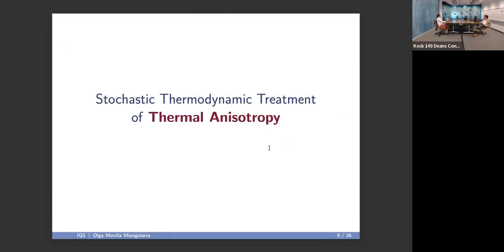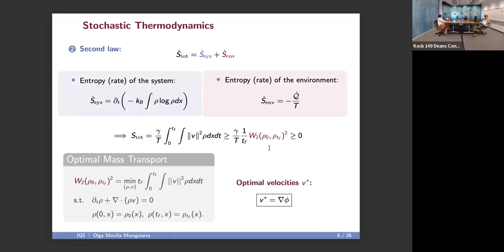Just one thing, in the previous expression, it's interesting to notice that it's 1 over Tf for the lower bound. So infinite time gives you a quasi-static transition, so you don't produce any entropy. But you see also inside the definition of this Wasserstein distance, there's a Tf in front as well, right? Yeah, so this essentially accounts for the scaling because optimal mass transport really studies going from 0 to 1.